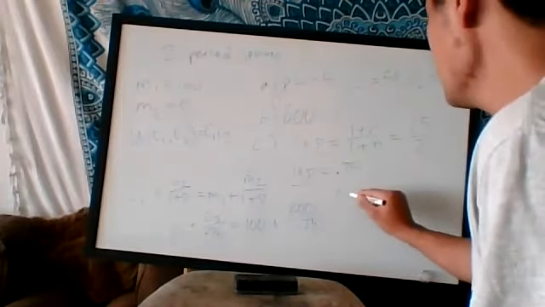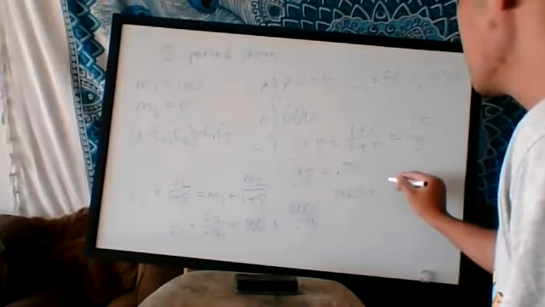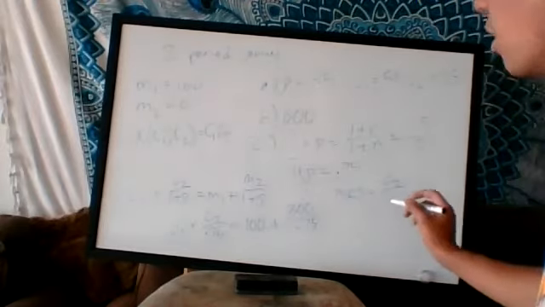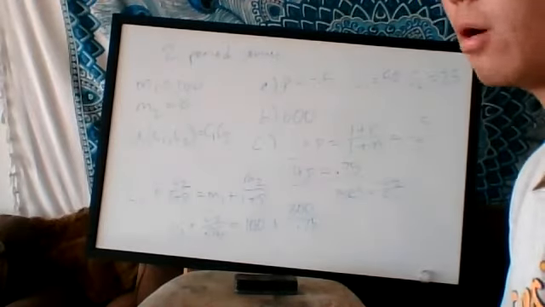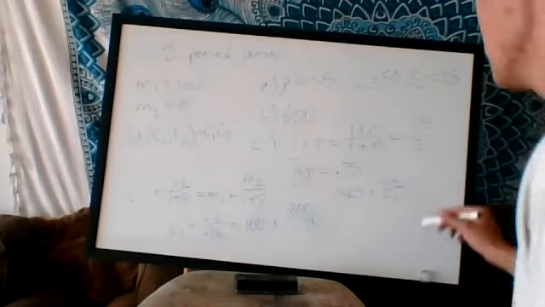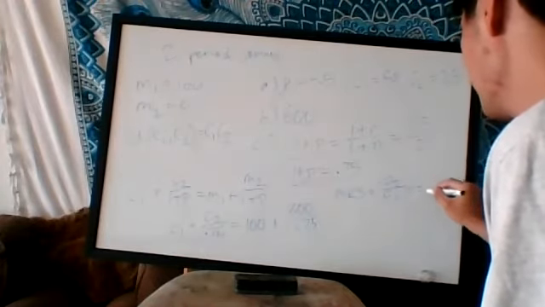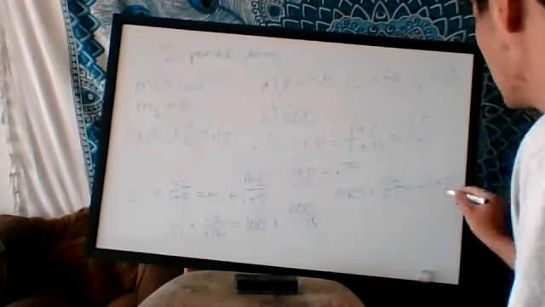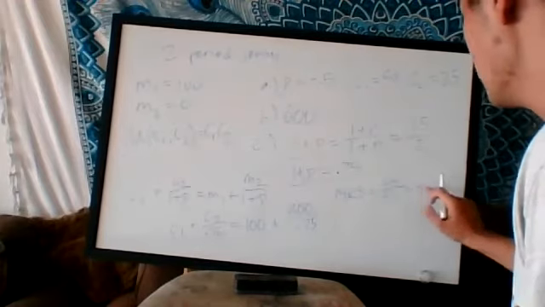I have my MRS, which was equal to negative C2 over C1. We already established that there's diminishing marginal rate of substitution. And so now we're able to set this equal to negative 1 plus rho, right? The negatives are going to cancel out.